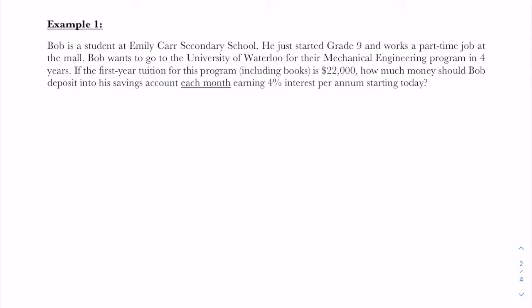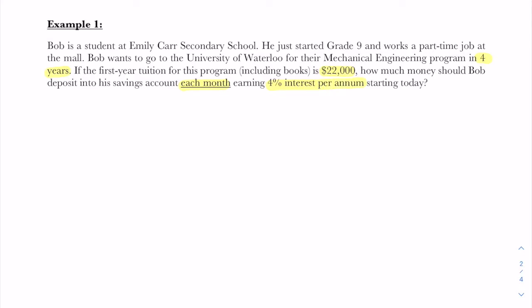This student wants to go to the University of Waterloo for their mechanical engineering program in 4 years. So in other words, we need this investment to be ready in 4 years' time. If first year tuition is $22,000 including books, how much money should be deposited into the savings account each month if it earns 4% per year?